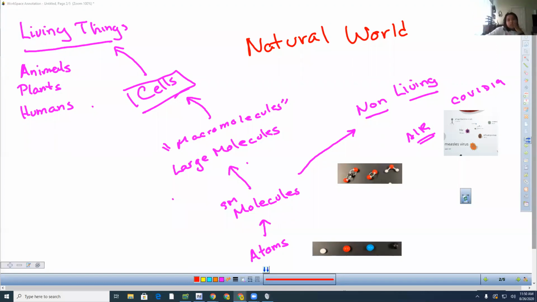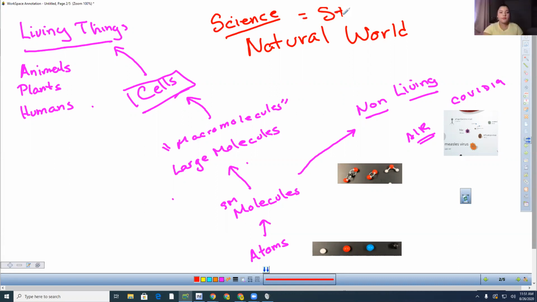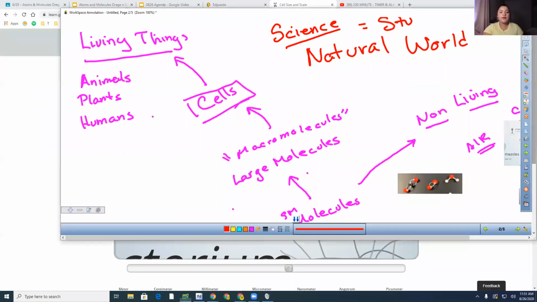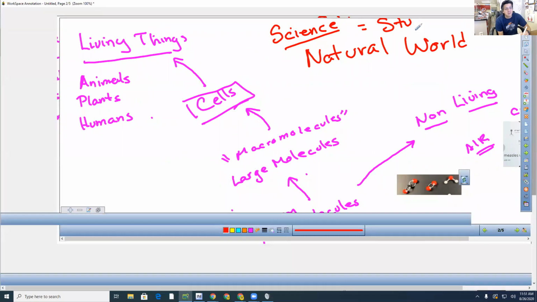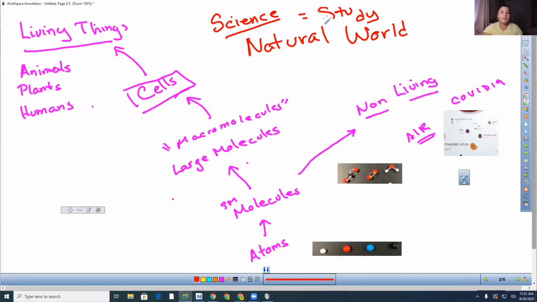Scientists study the relationships with non-living things and living things. Right, because at the end of the day, what is science? Just like Emily said, what do we do in science? We study the relationships. Well, before we talk about relationships, in science we study the natural world.